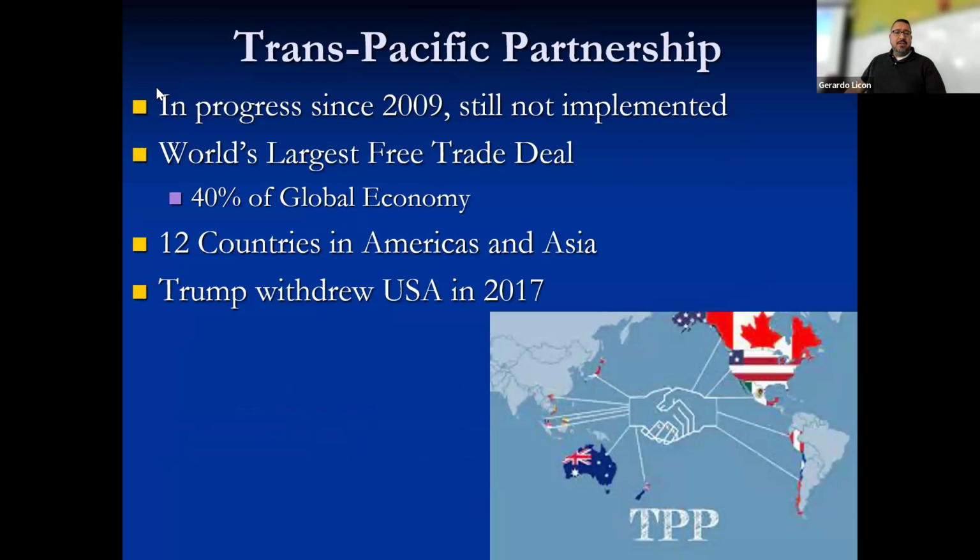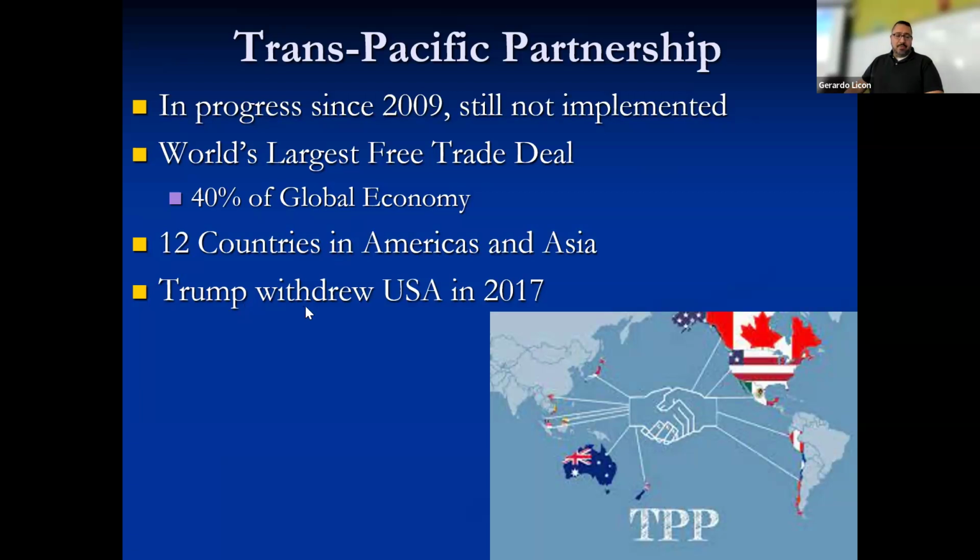The TPP has been in progress since 2009, still not implemented. It set out to make the world's largest free trade deal, including 40% of the global economy. It was going to include 12 countries in the Americas and in Asia.